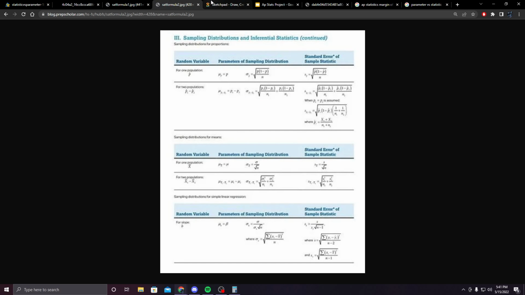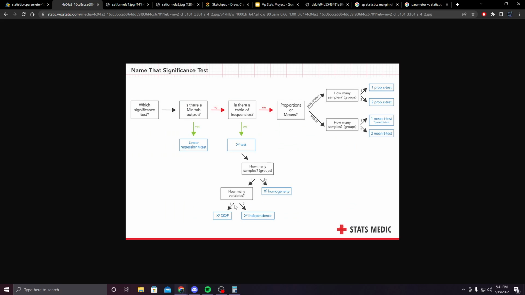Now, the chi-square, now that is just goodness of fit. If there is one sample group but more than 2 variables, then you do chi-square independence.